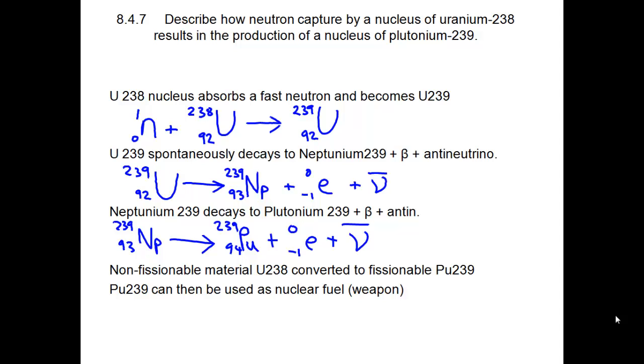Plutonium-239 is fissionable, so the plutonium can be used as a nuclear weapon. So remember that 238, which is not very useful in a nuclear power station because it doesn't fission, can be used to make plutonium, which is fissionable, which can be used as a weapon.